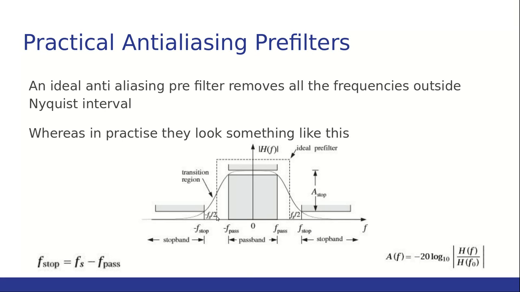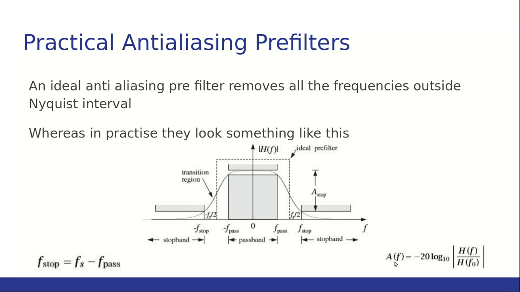So when we pass a signal to an ideal pre-filter, it would extract all the signals in this range and leave out the ones which are outside this range. Whereas a practical pre-filter would take the frequencies in the passband almost correctly, while this part is attenuated a bit.